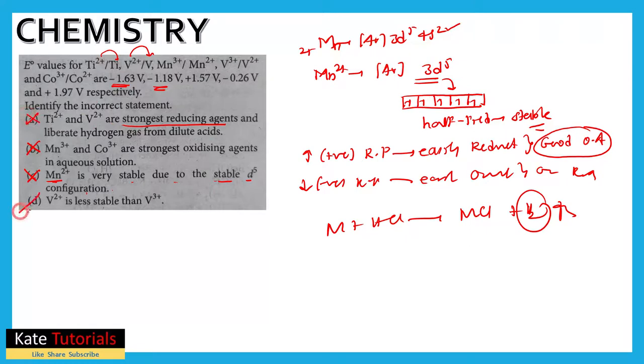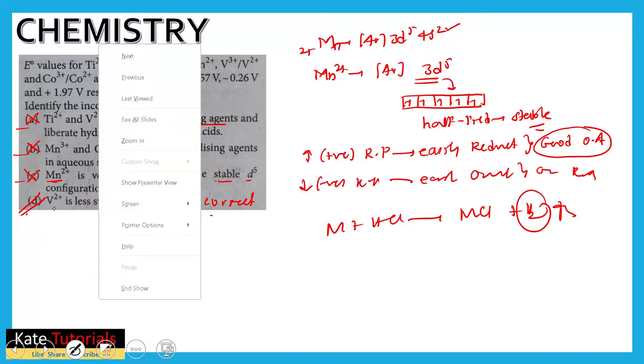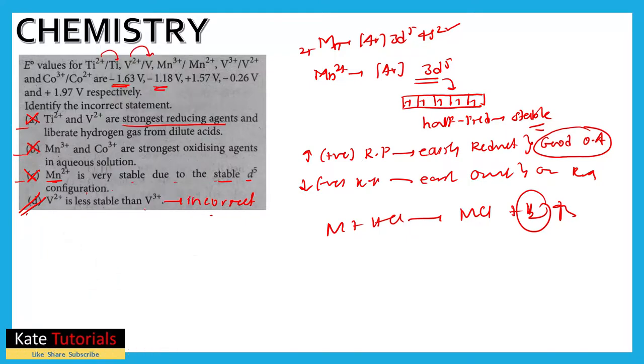So my option is D: V2+ is less stable than V3+. So this is the incorrect statement. Then you will ask, sir, explain why V2+ is less stable than V3+. Let me talk about this.